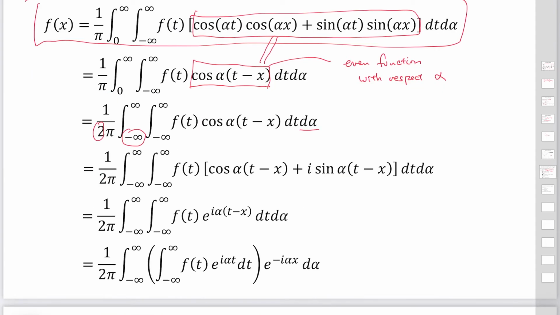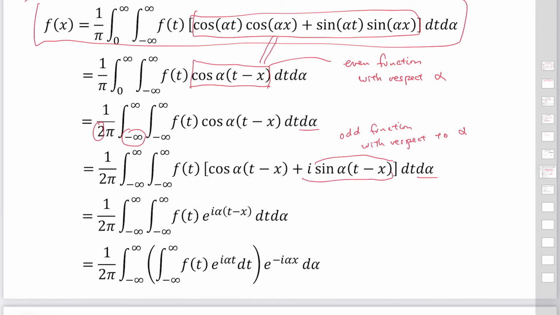Then we consider the odd function, sine. This sine function is odd with respect to alpha. If you integrate the sine function with respect to alpha, it becomes 0. So we can add this second term, but it becomes 0.